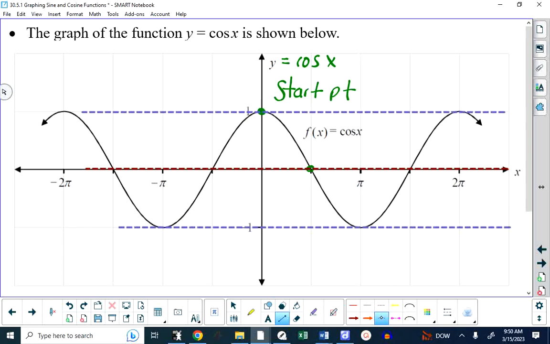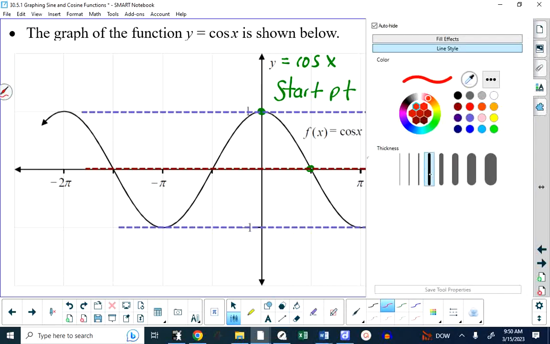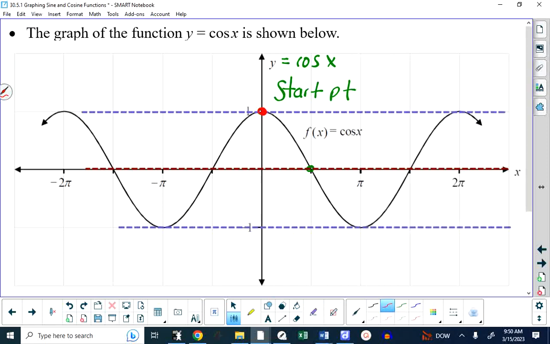The period is still going to be 2 pi. The amplitude's still going to be 1. I mean, what's the period? The period is 4 complete chunks. Let's start here. 1, 2, 3, 4. It's still 2 pi. The amplitude is still this distance.